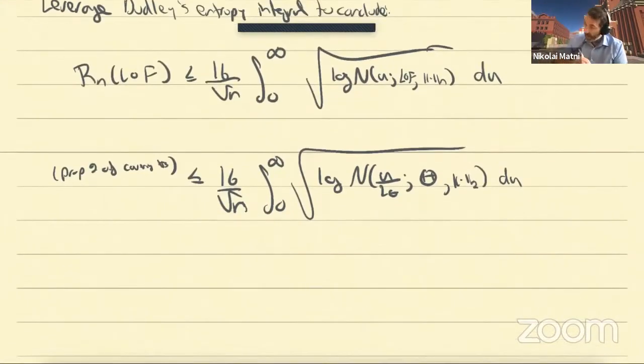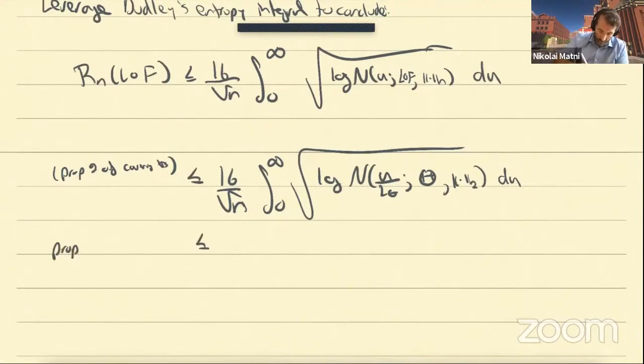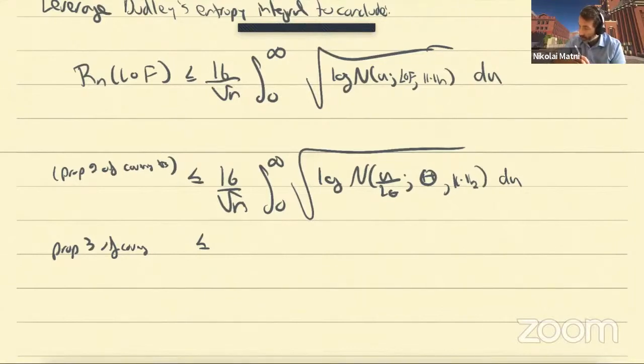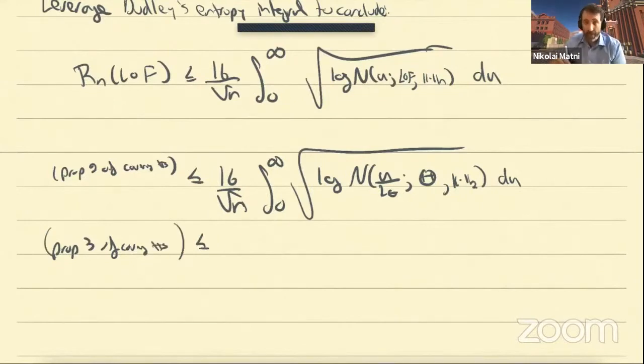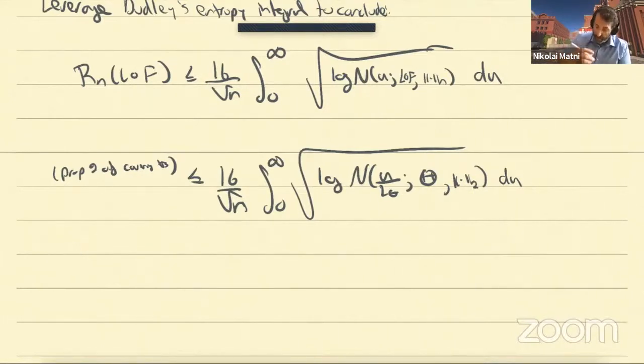Okay, and then next up we're going to apply property 3. Sorry, I was getting confused because I skipped this step. Now we're just going to do a change of variables.